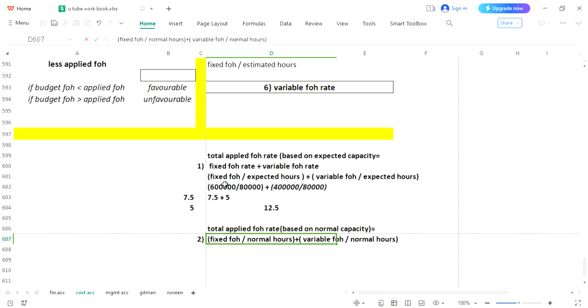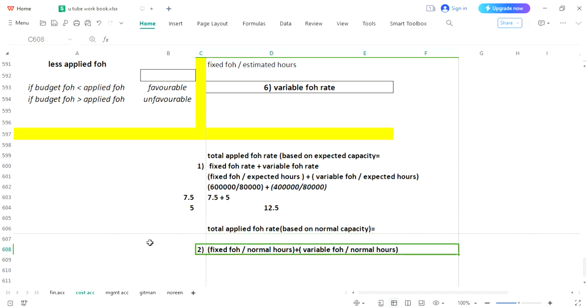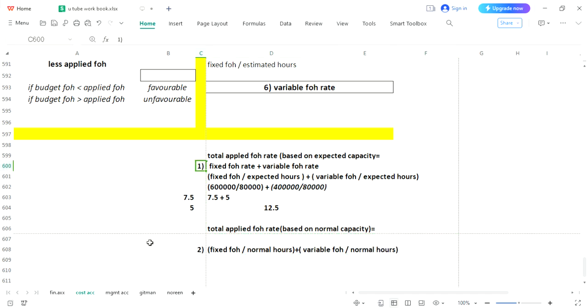Here you can see fixed FH rate plus variable FH rate. In a similar way, fixed FH rate and variable FH rate are being calculated over here. You are using the same formula but with a little twist.